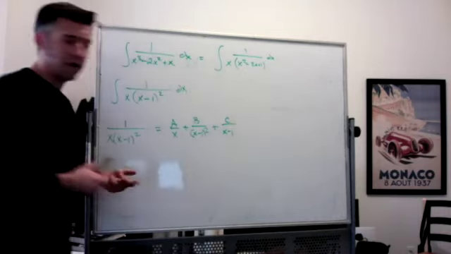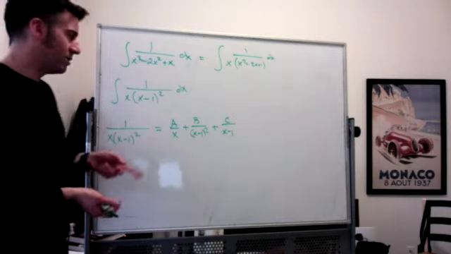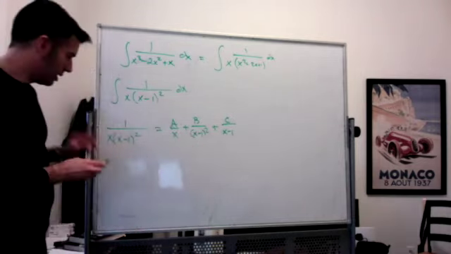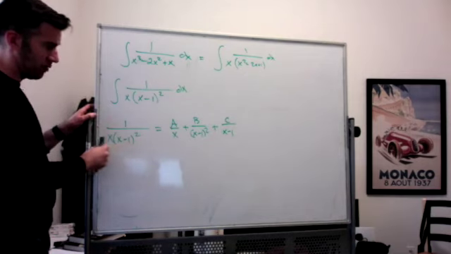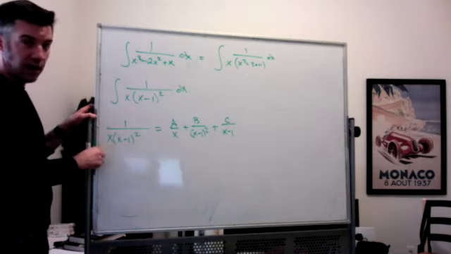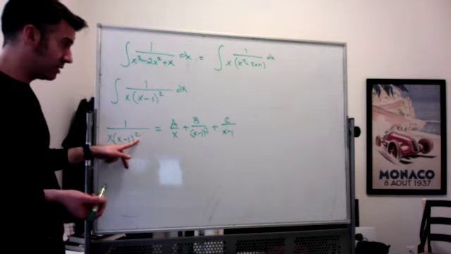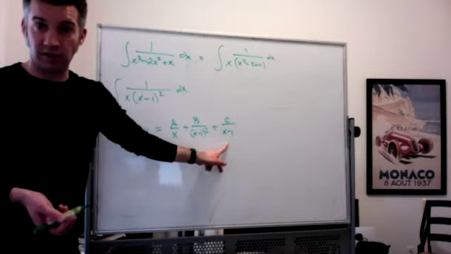And I will be honest, usually I write my powers in ascending order. I usually write it as b over x minus 1 plus c over x minus 1 squared. But basically, you need these terms, whatever your factors are in the denominator. And if you've got a repeated factor like this, you need all the lower powers of it also.